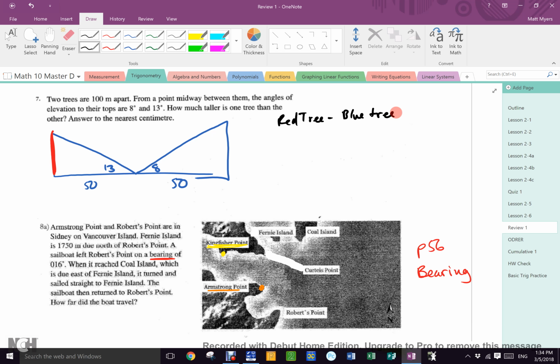You understand what I'm saying, right? You could find red tree round, blue tree round, and subtract. Or you could recognize that this is opposite over adjacent. So since this is the denominator, you know it's 50 tan 13 minus 50 tan 8. And you can do it all at once.